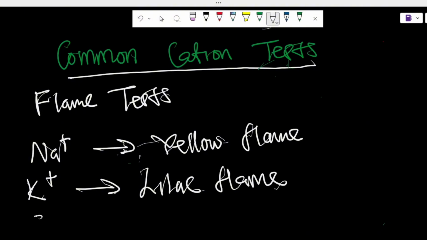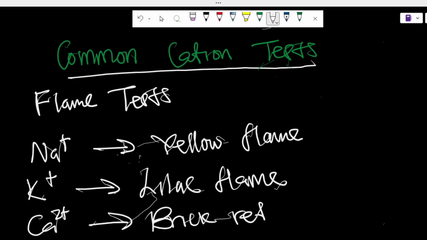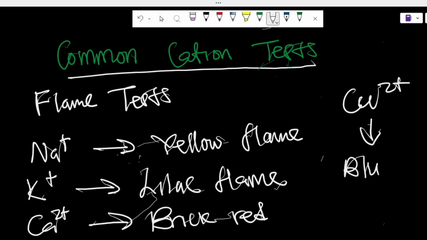And for calcium ions, you see that it is brick red. And if you are talking about copper 2 ions, then for these, what you're going to observe is blue-green. These are some of the colors that you can notice from these flame tests. So make sure you understand these principles.